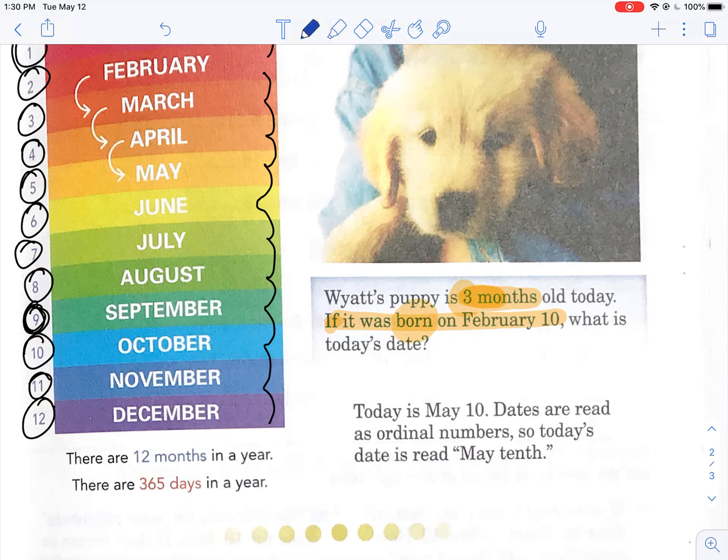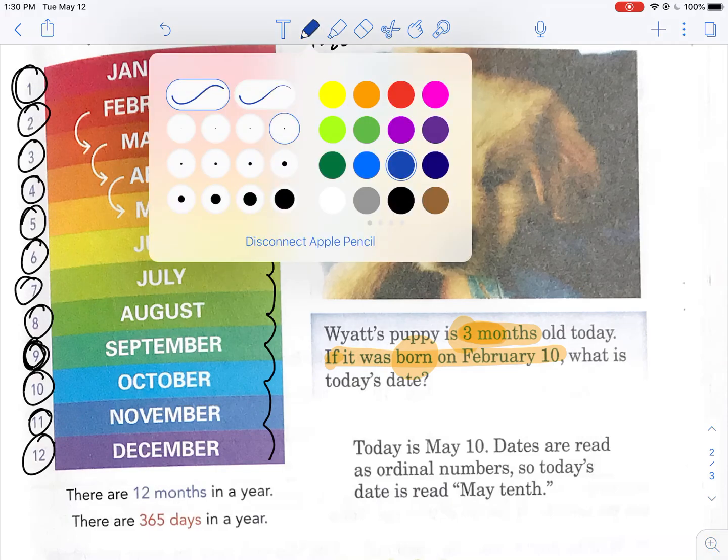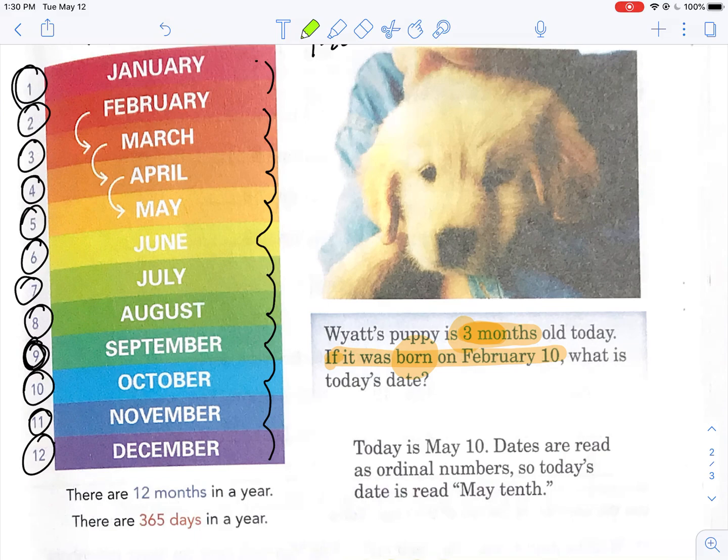So here is the calendar. We're just going to look at the actual months. So see what they did here with this little arrow. I'm going to switch colors again. I will do this greenish color. So it says if today's February 10th, so here's February. And the puppy's 3 months old.